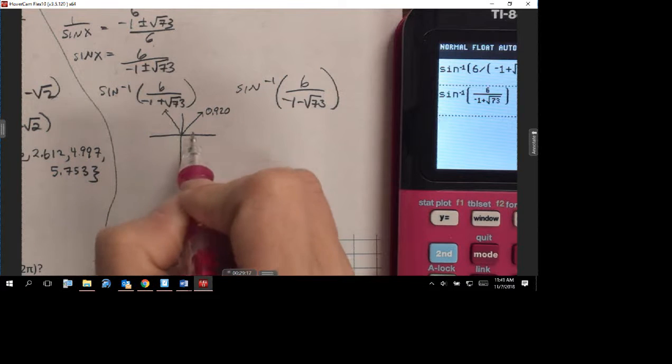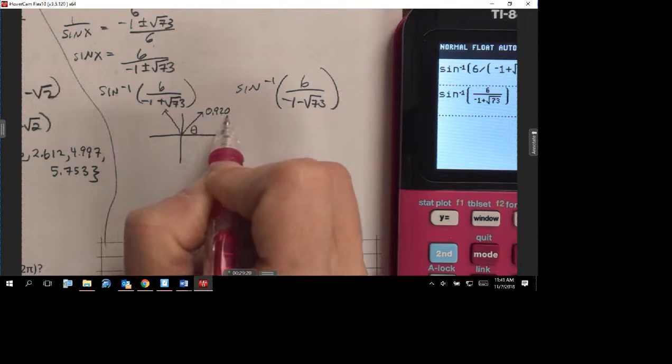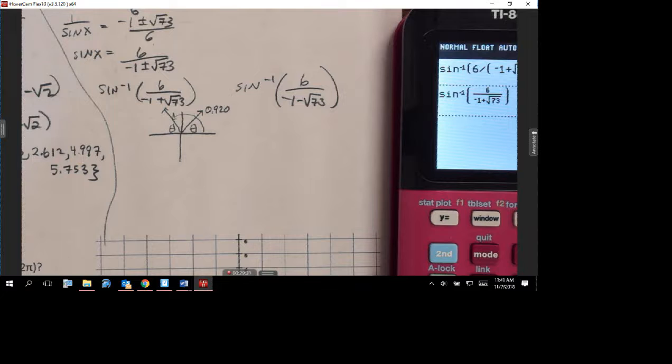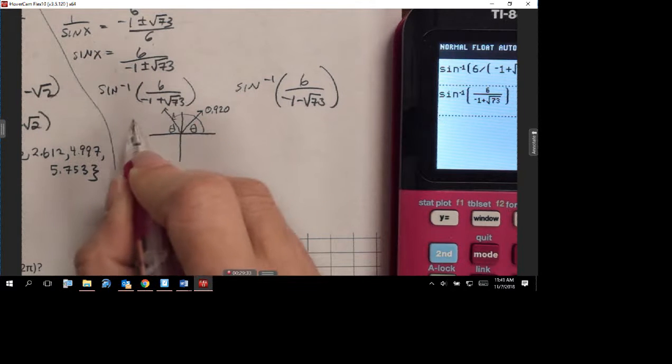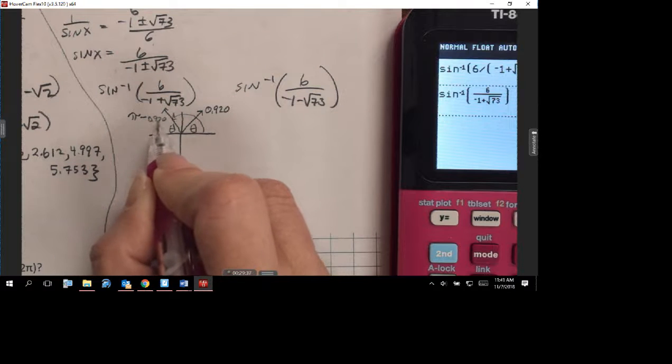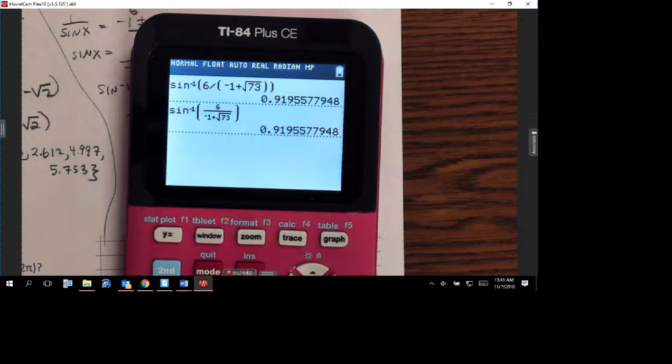Also in quadrant 2, our theta, which is 0.920, is going to be the same over here, but that's not going to be my second answer. My second answer is how do I start at 0 and get to here? You have to do pi minus that 0.920. So I'll do that on my calculator. And I get 2.222.